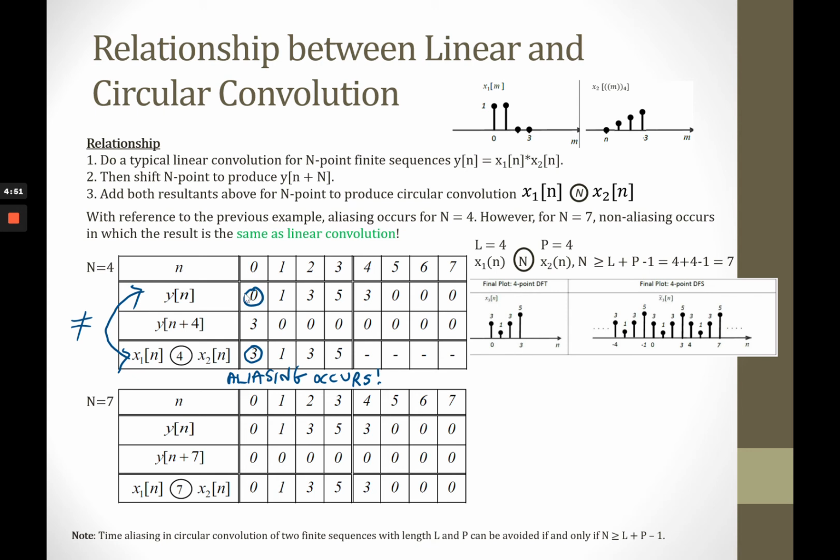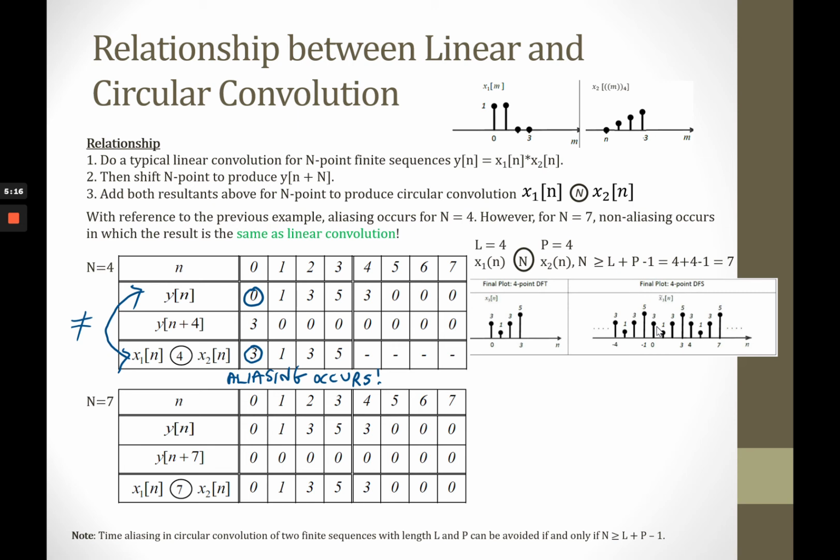At n equal to 0, the circular convolution result is equal to 3 based on this shifted value. Okay, and therefore aliasing occurs. So this is the 4-point signal, the result of 4-point circular convolution: 3 1 3 5, 3 1 3 5.